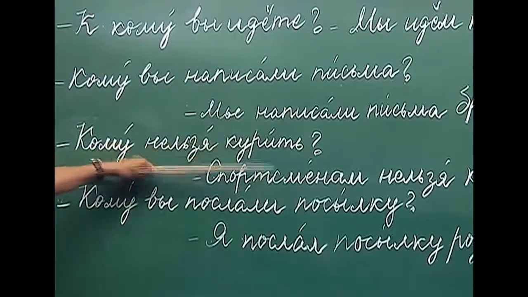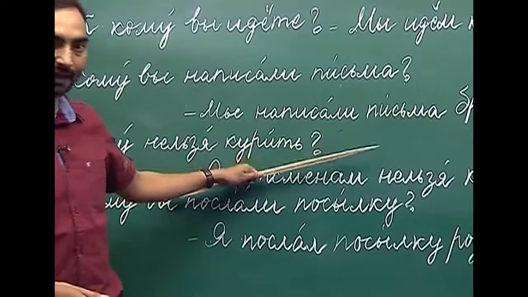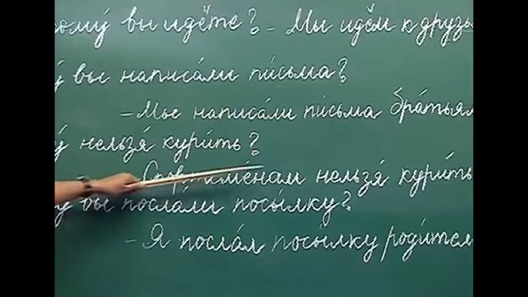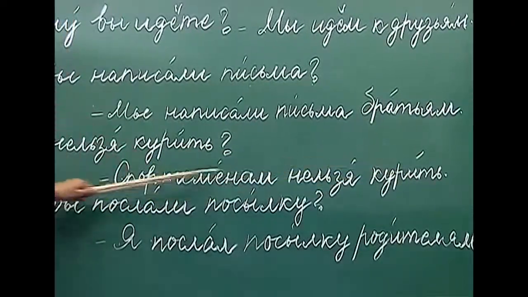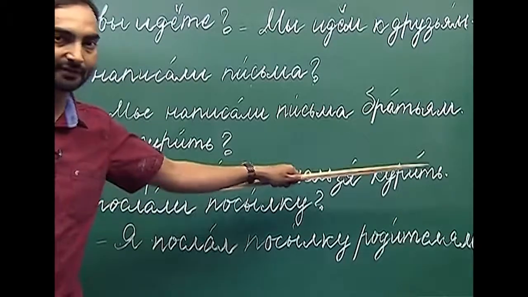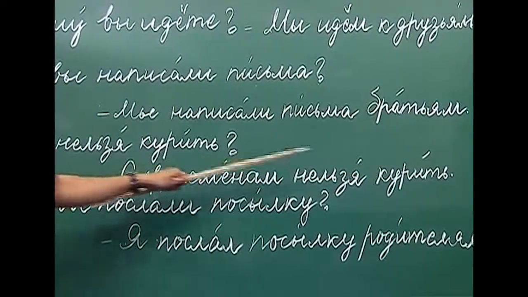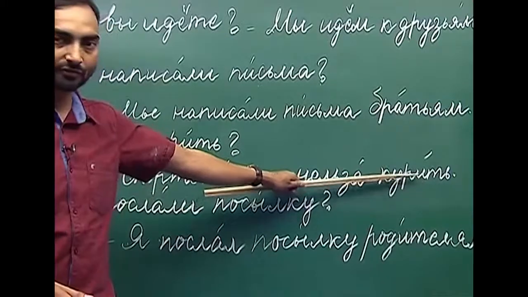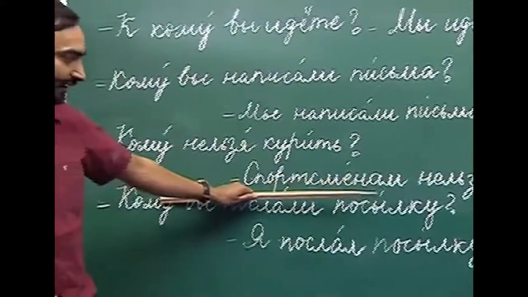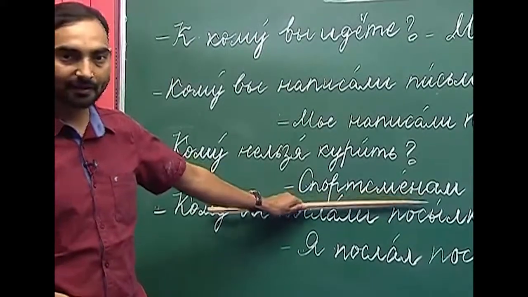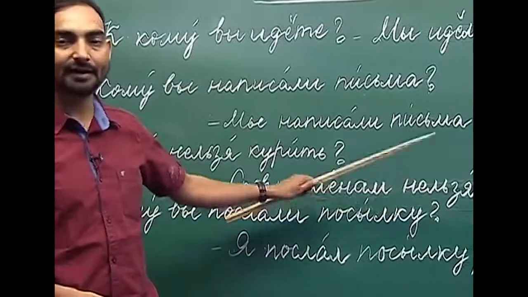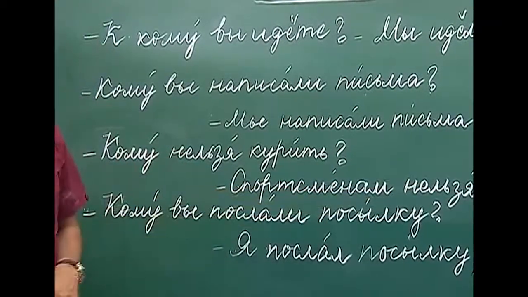So, how will you answer this question? We will use a noun in the dative case. Sportsmanam nilzea kurit. Sportsmen should never smoke. Here, as you can see, sportsman has become sportsmanam, which is the dative plural form of sportsman.